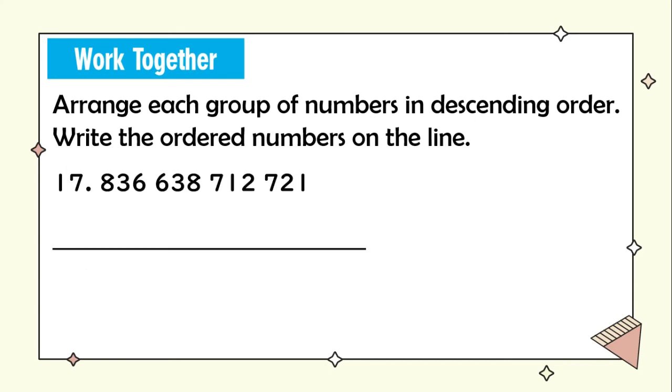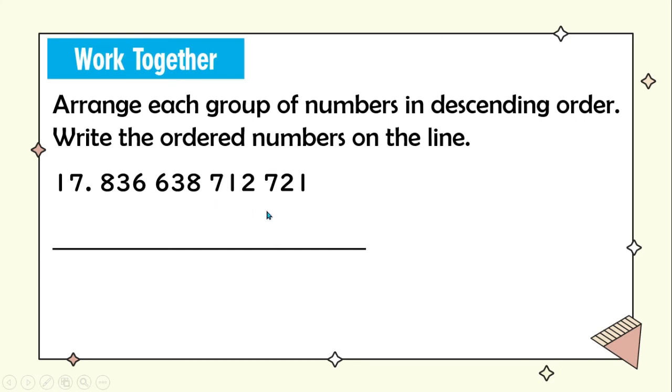For number 17, we have 836, 638, 712, and 721. Okay, so as you can see, based on the value of the hundreds place value, first is 8. So we have 836, and then followed by, we have two numbers that have the same value in the hundreds place value.